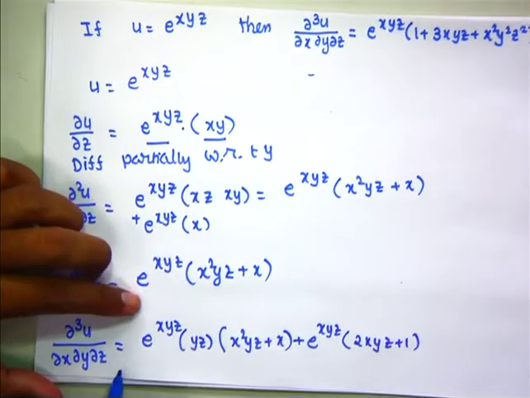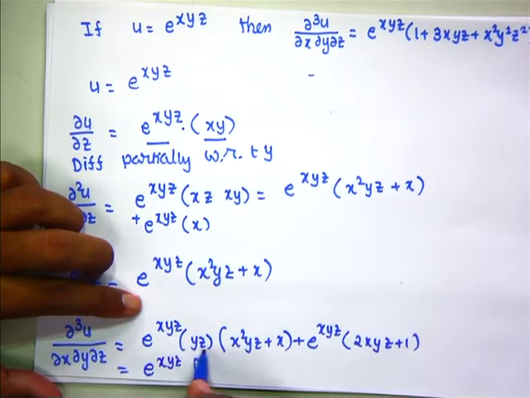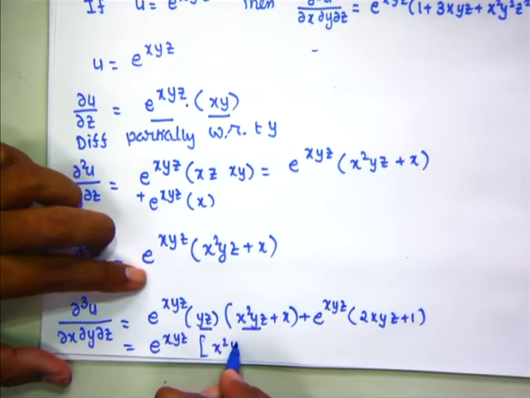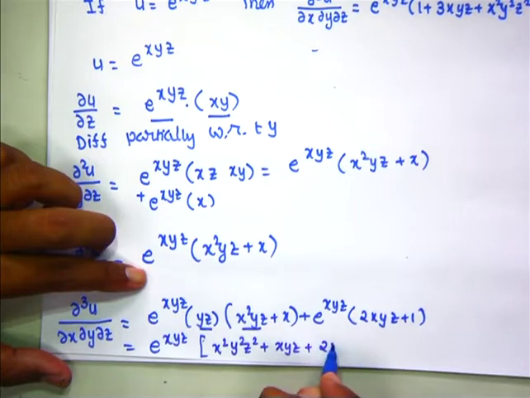So we simplify this by taking common factor e to the power x y z, then y z is multiplied by x square y z, so we get x square y square z square plus xyz plus 2xyz plus 1.